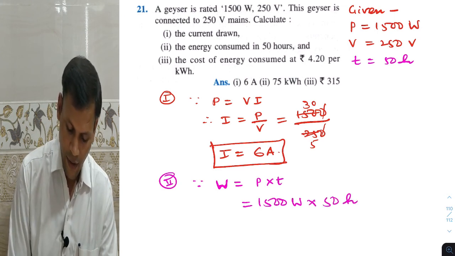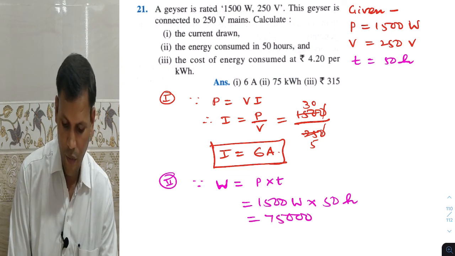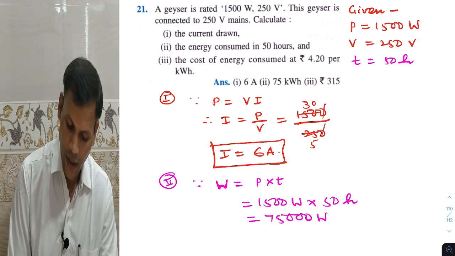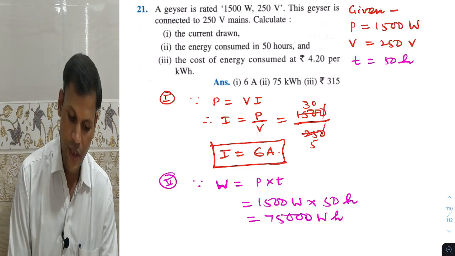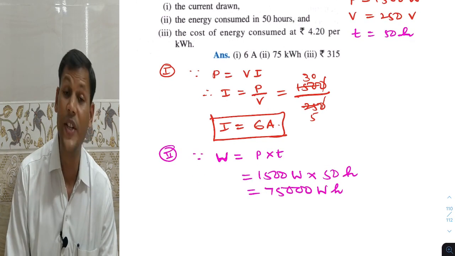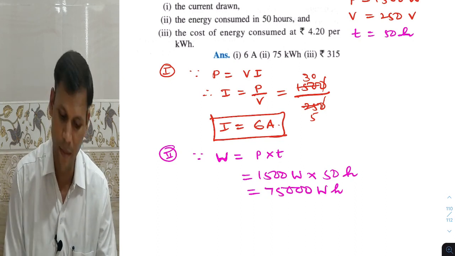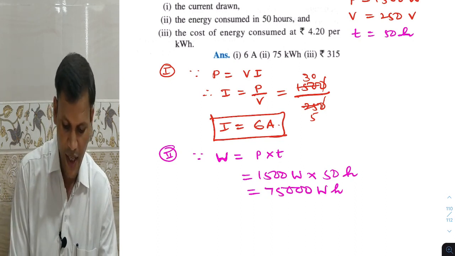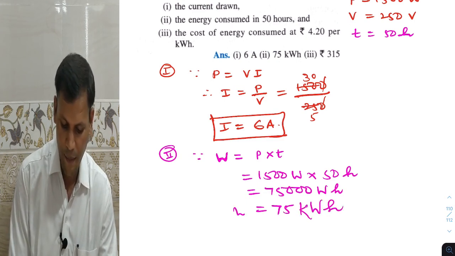So 15 5s are 75 and triple zeros. It is watt hour, right? But if we wish to calculate in kilowatt hour, then we have to divide it by 1000. So it can be written as 75 kilowatt hour. It is W. It is the second part.